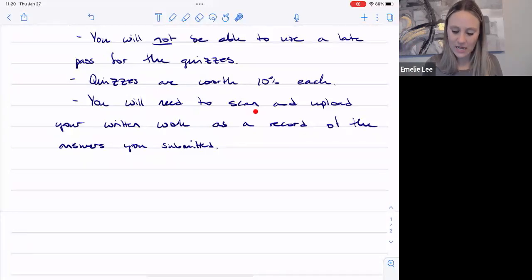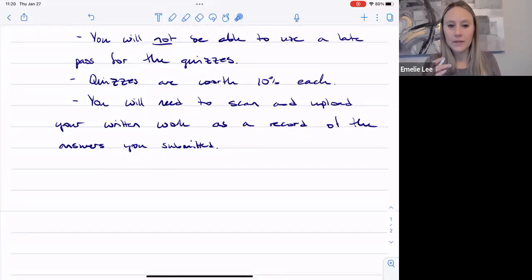But for scanning, if you're working with pen and paper, which I think most people still are, there are lots of free scanning apps for your phone. Most phones have built-in scanners. Now, I'm on an iPhone and I don't like the built-in scanner, so I like Scannable.